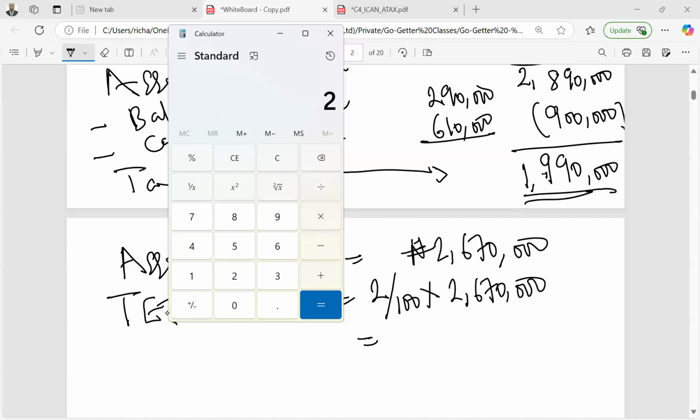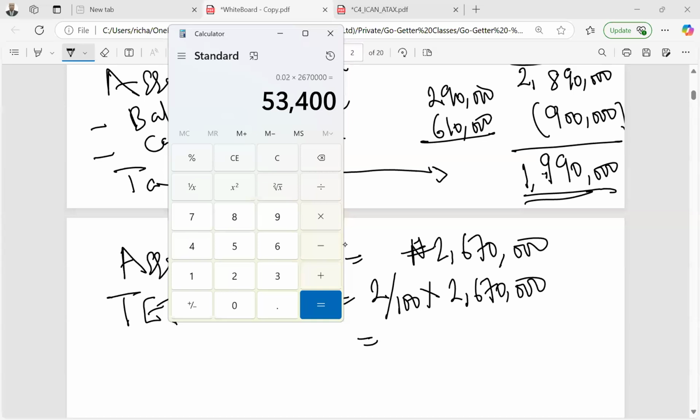So 2 divided by 100 multiplied by 2,670,000. We multiply by 1,000. Let's do it again. 2 divided by 100 multiplied by 2,670. Good.